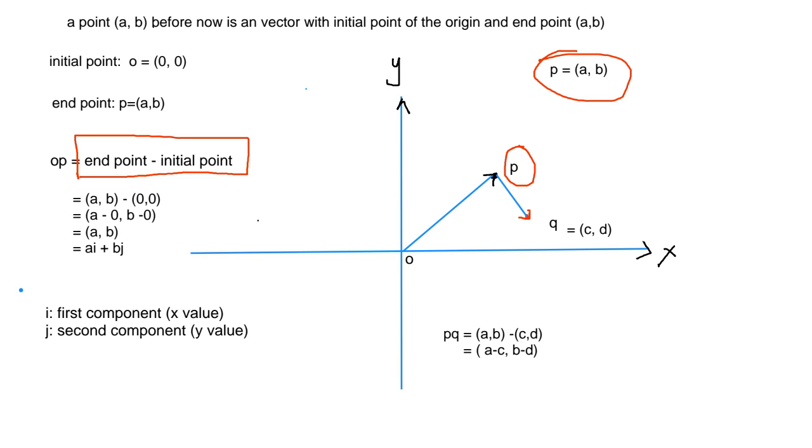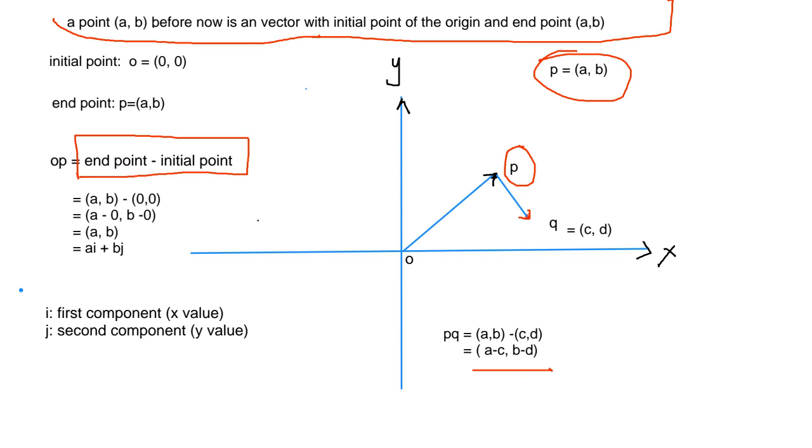And again, we see this A minus C, B minus D looks like a point, right? And it is a point. Can anybody think which point this represents? A minus C, comma, B minus D. Yes, it's PQ.